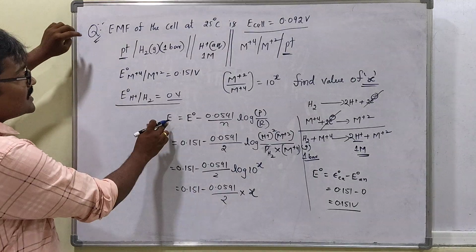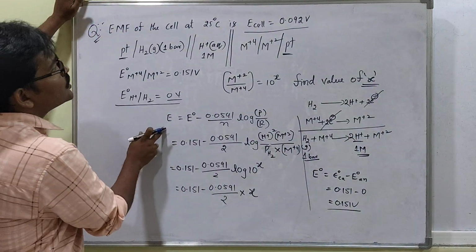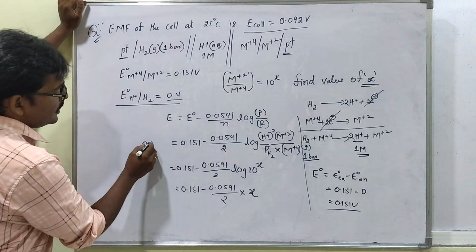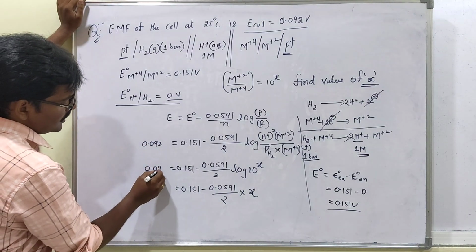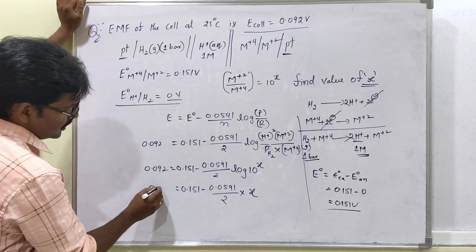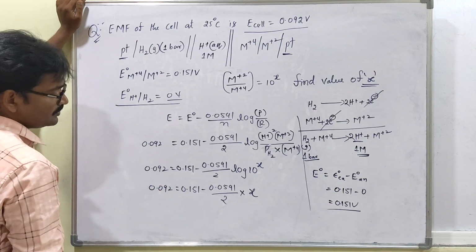So here E cell is already given, that is 0.092. Yes, 0.092 volts, right? Yes.